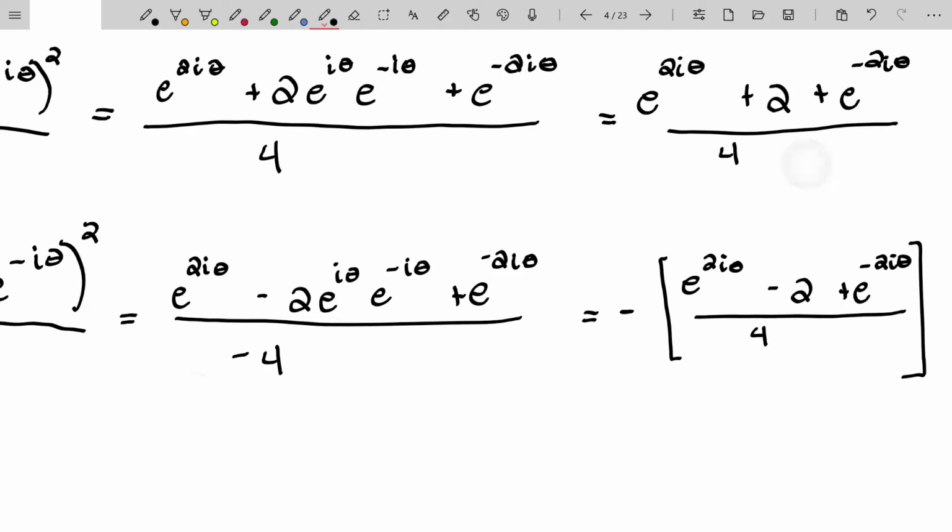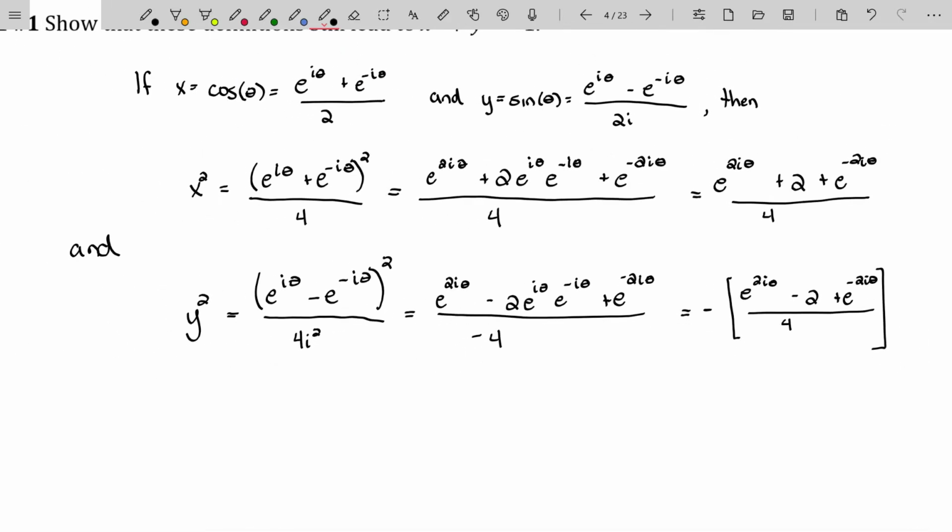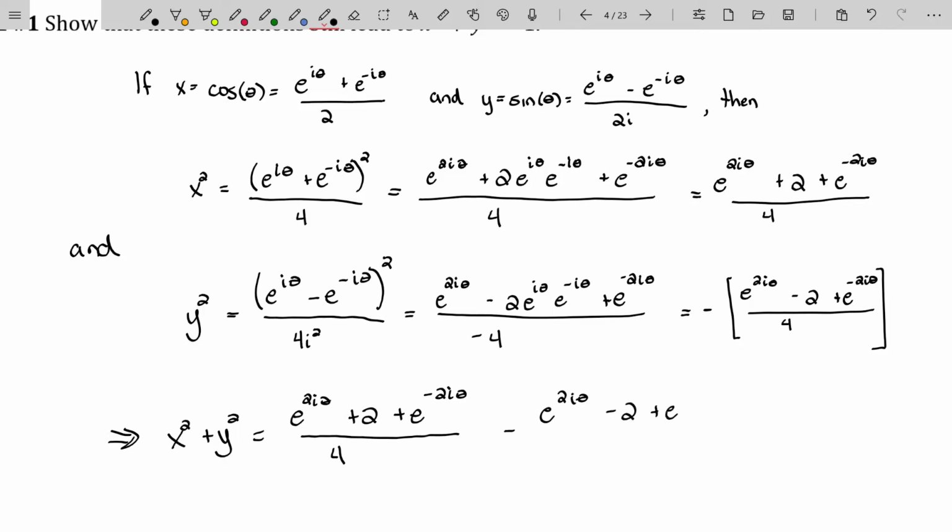Now remember what we're doing. We're adding x squared and y squared. So x squared plus y squared is equal to, well, when you add those up, I'm going to be somewhat slow about this. e to the 2i theta, this is x squared, by the way, plus 2 plus e to the negative 2i theta, that's over 4. And then remember, y squared ended up being a negative, and then we had e to the 2i theta minus 2 plus e to the negative 2i theta, all over 4.